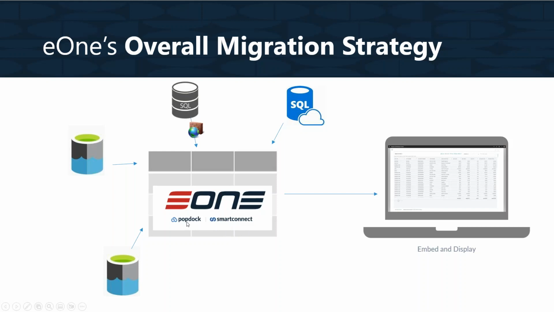While most of what we're going to be talking about today is on PopDoc, Smart Connect can be a part of your solution if you do want to move that data from NAV, like the master records, into Business Central, maybe do some transformation, whatever it is, and make those actually exist inside of Business Central so that you can build everything on there. Smart Connect is your tool for moving that data.